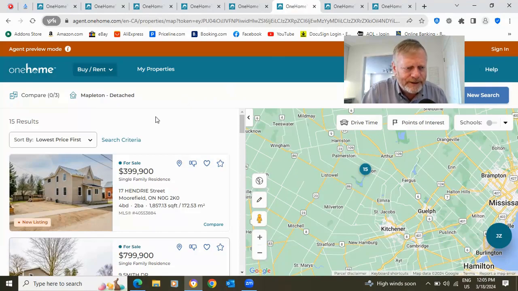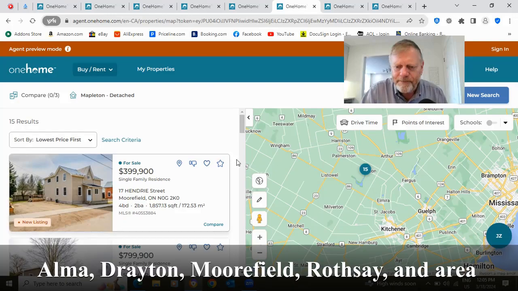Moving on, we've got three more. This one here is 15 results for Mapleton Township. Now, Mapleton incorporates Rothsay.